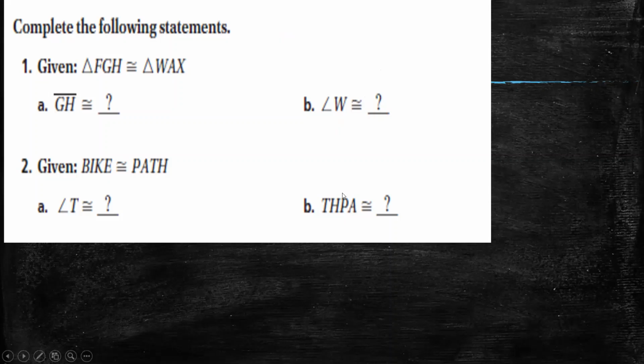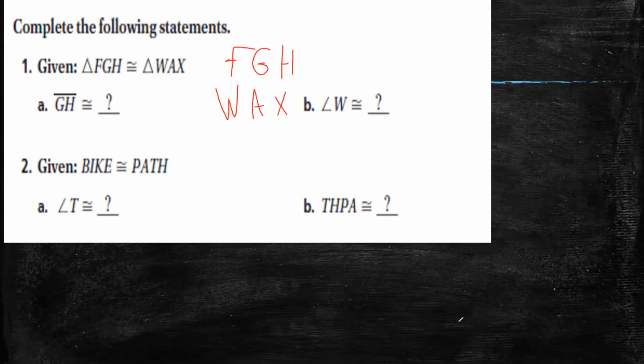Now complete the following statements. Given that triangle FGH is congruent with triangle WAX, the line segment GH corresponds to what? I will write here FGH, and under it I will write WAX.